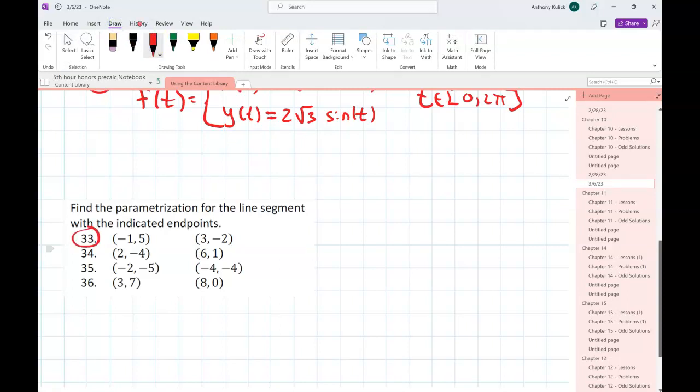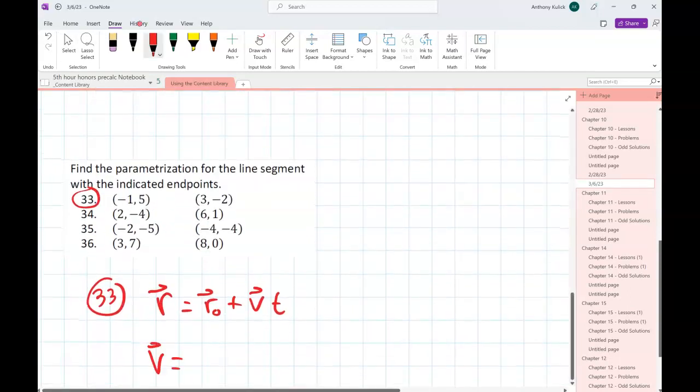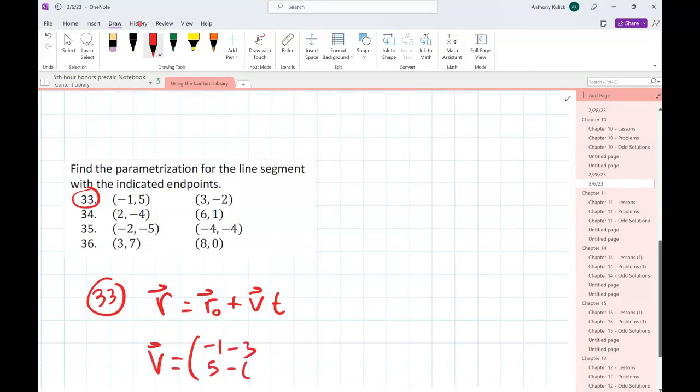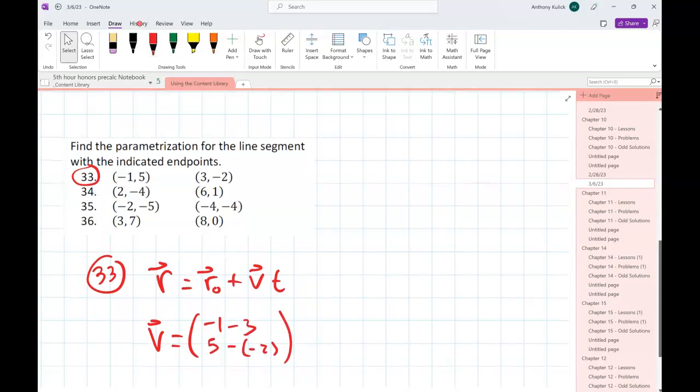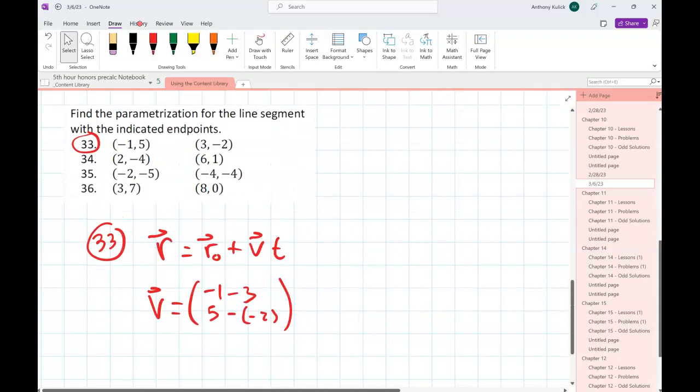All right. So we had talked about this last time, that the best way to do this was to treat this as a vector line equation. So let's start by creating my vector v. And it doesn't matter whether you do head minus tail or tail minus head, you just subtract the two coordinates and it's going to be fine.